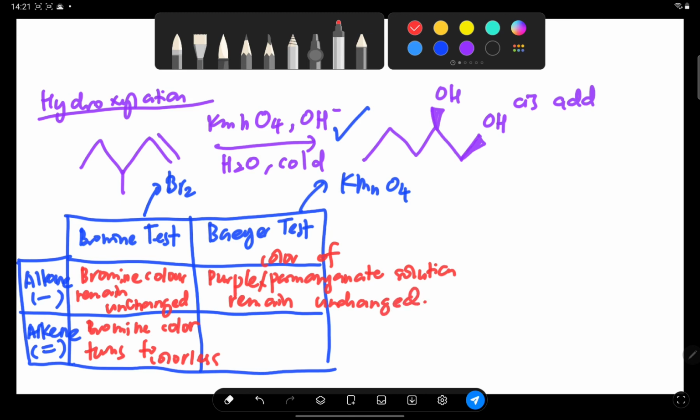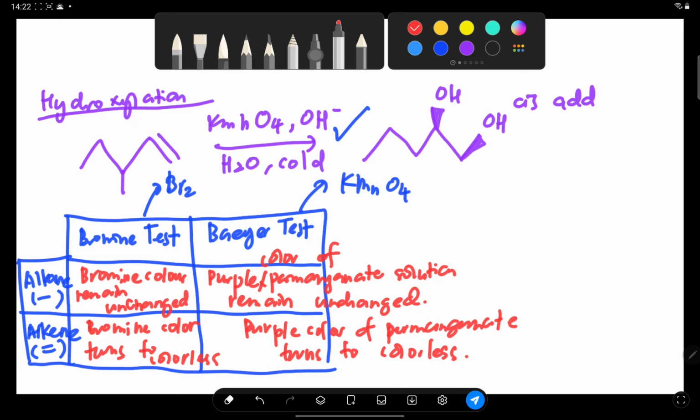And for alkene, the purple color of permanganate turns to colorless.